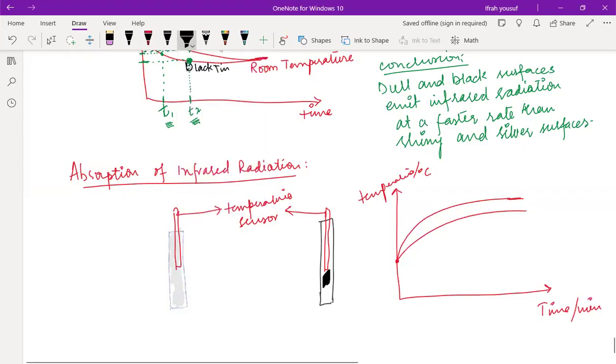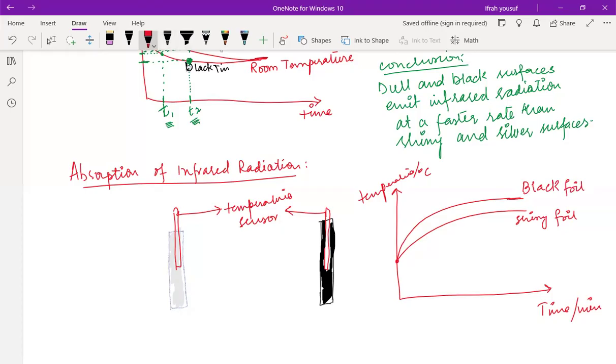And on the basis of which we are going to observe, right? We are going to observe which one is getting more thermal energy. Yes, so it is given to us that this one is a shiny one, shiny foil or shiny rod, right? And this one is the blackened one. Okay, blackened foil, right?